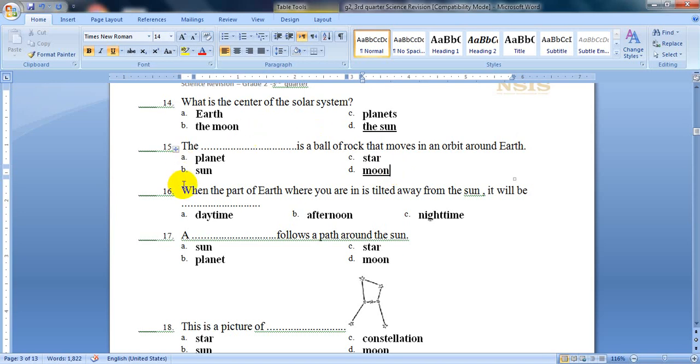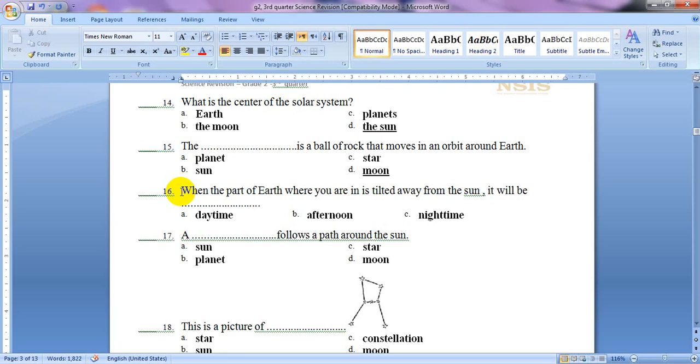Question number 16. When the part of Earth where you are in is tilted away from the sun, it doesn't get a lot of sunlight. It will be daytime, afternoon, or nighttime.